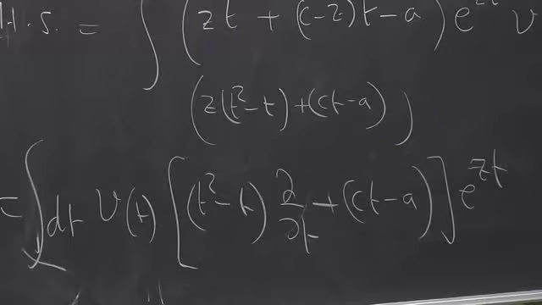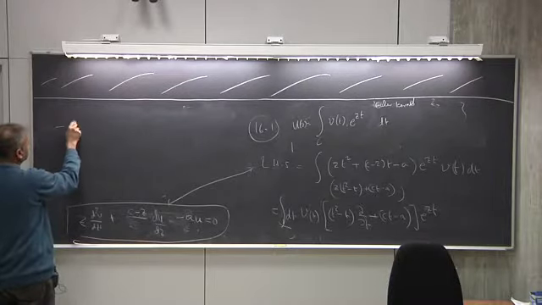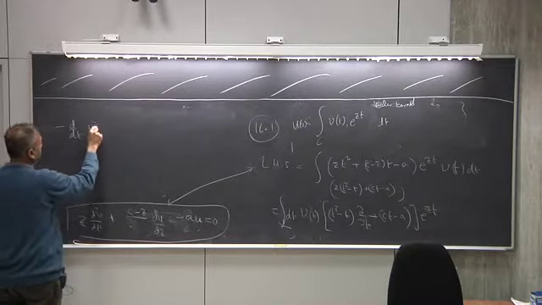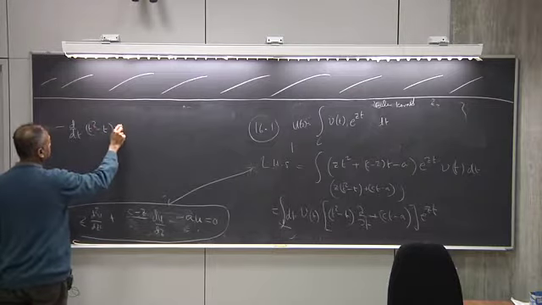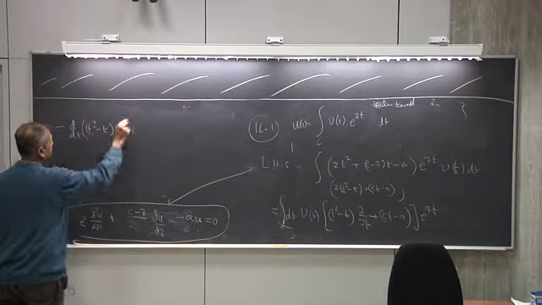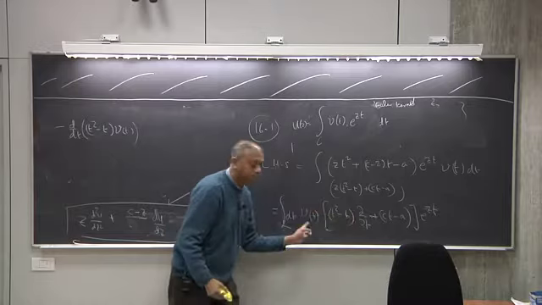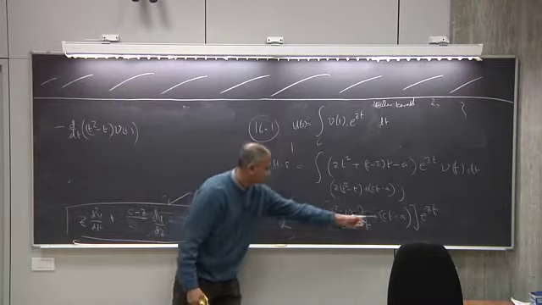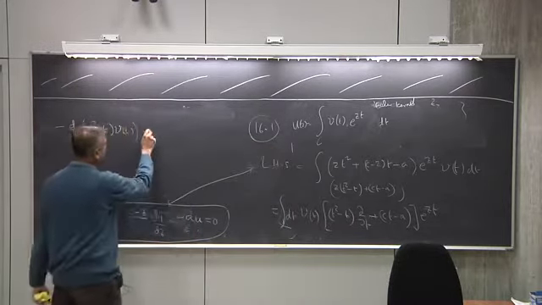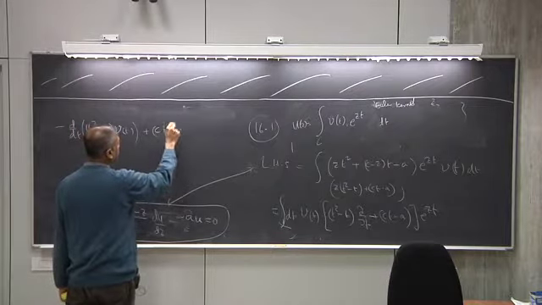But this one is different. So what is the adjoint operator? It's simply minus d by dt of (t squared minus t) vt. That's the first term when I do integration by parts. And the other term is as it is, so plus ct minus a times vt.